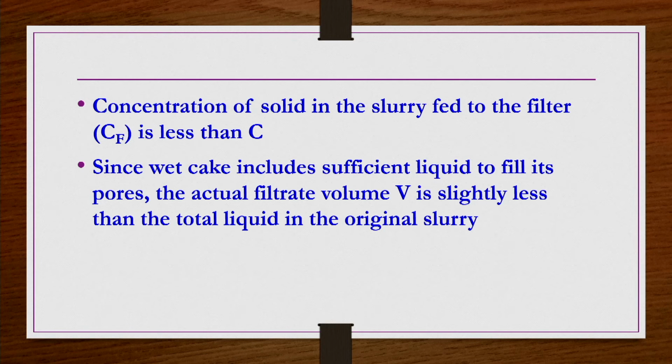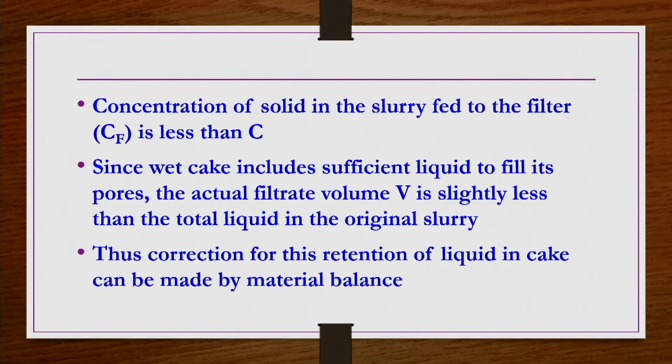Some amount of liquid is retained in the interstitial space between the particles within the cake. That is the reason the actual filtrate volume V is less than the total liquid present in the original slurry. Thus, a correction for this retention of liquid in the cake has to be made, and that can be made by the material balance. How can it be made?